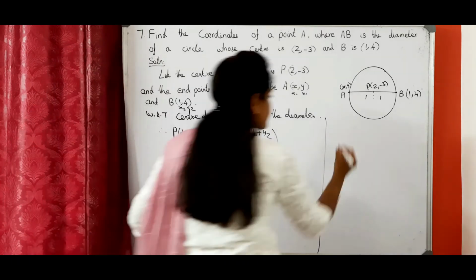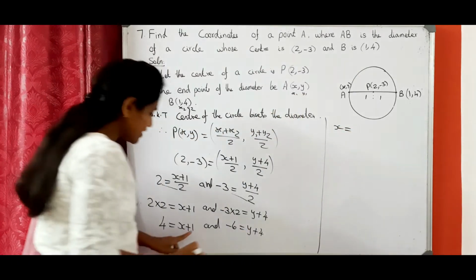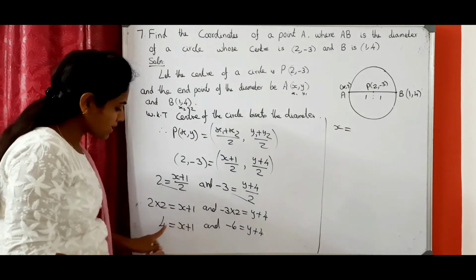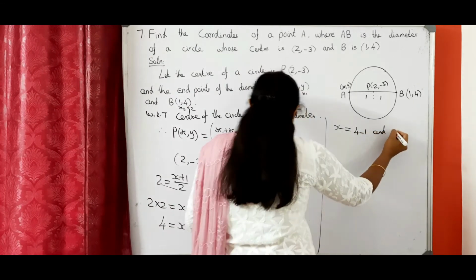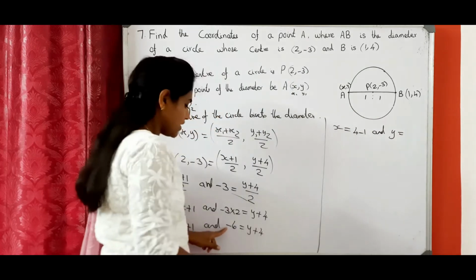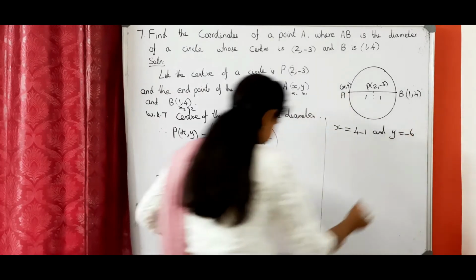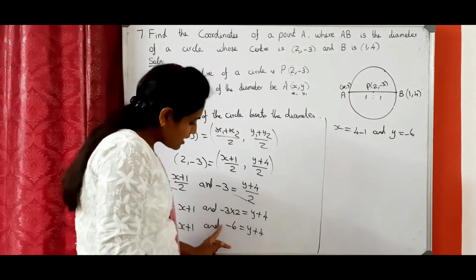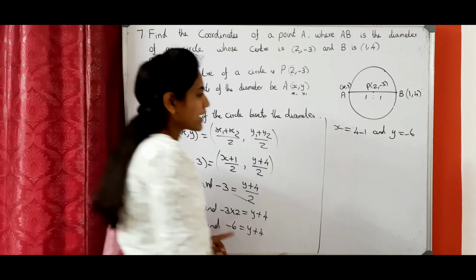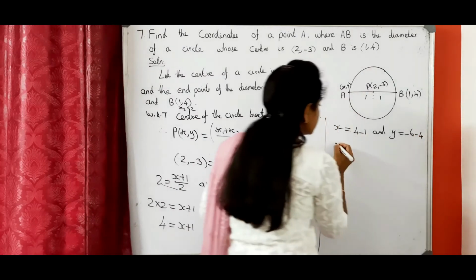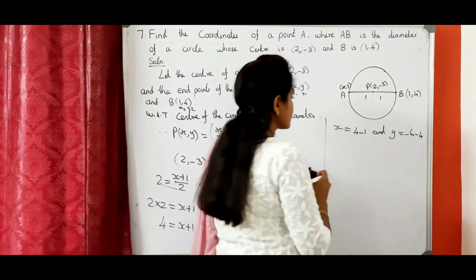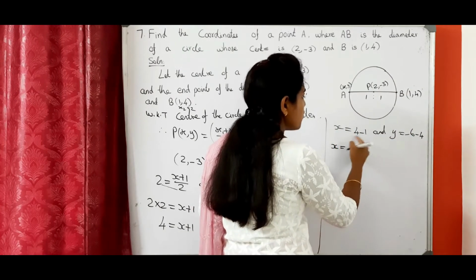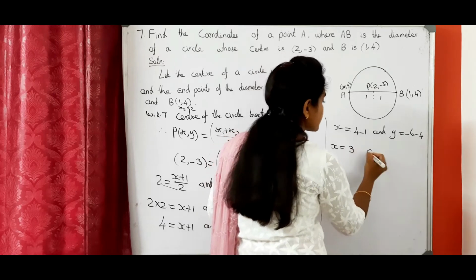Next, see, x equal to: I am taking this 1 here. Plus 1 here means minus 1 there. So 4 minus 1, and y equal to -6. I am taking this plus 4 here, so plus means minus 4 on this side. So x equal to 4 minus 1, 3.